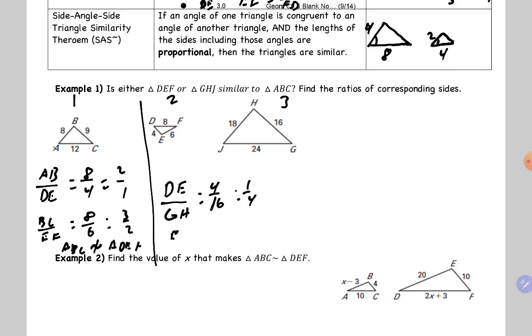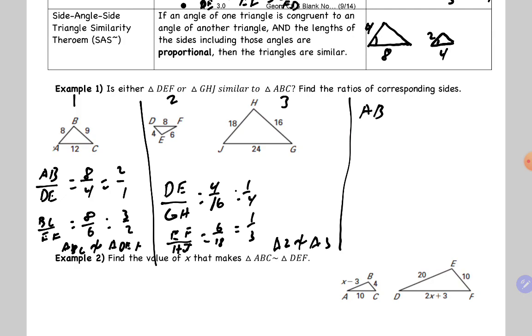Let's try EF over HJ. The corresponding sides should be proportional, and they should be equal. 6 over 18 is 1/3. So 2 and 3 are not similar. Triangle 2 is not similar to triangle 3. So all we have left is 1 and 3.